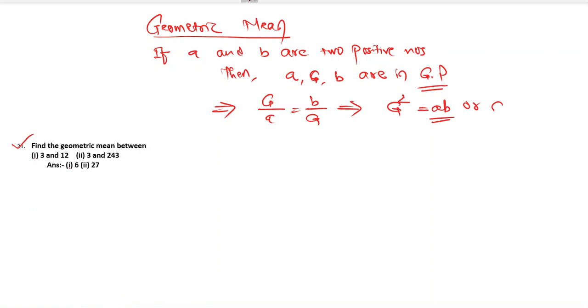Or G is equal to root AB. What is G here? G is the geometric mean between A and B. G is said to be a geometric mean between A and B.